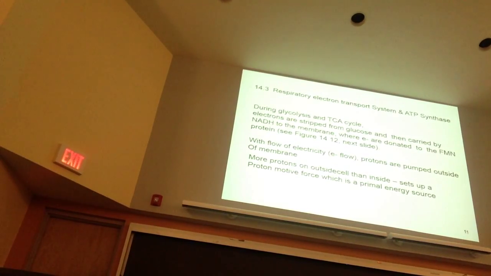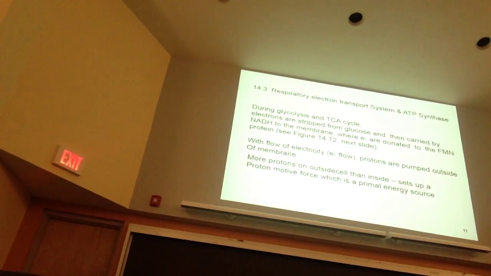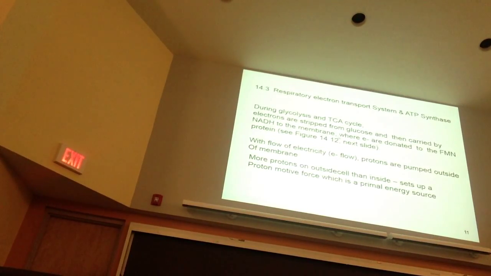Now we answer the question, how are those electrons being used to make ATP? They're being carried by NADH or FADH2. There are two main biochemicals that are electron carriers. Those electrons then go to the membrane, whether it's the plasma membrane in bacteria or the mitochondrial membrane in the organelle of the mitochondria in our cells. The same process happens.